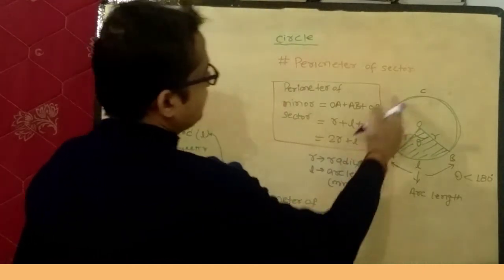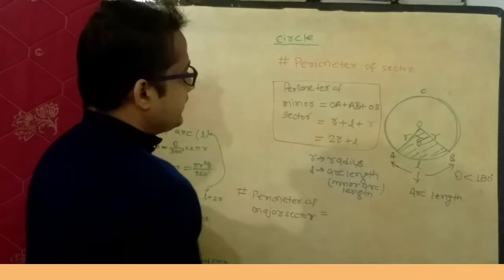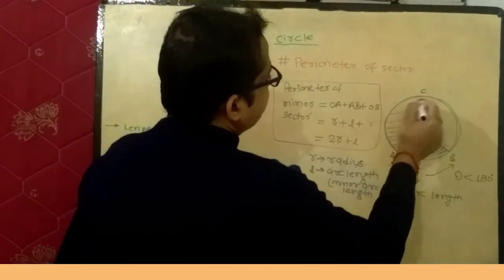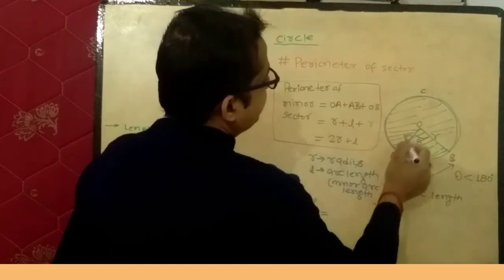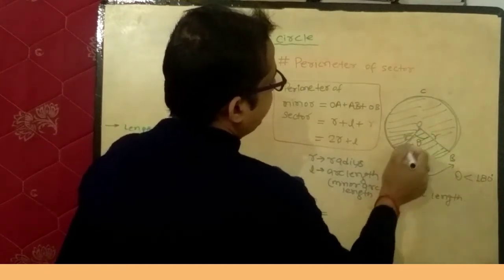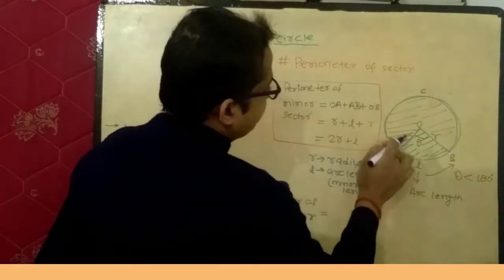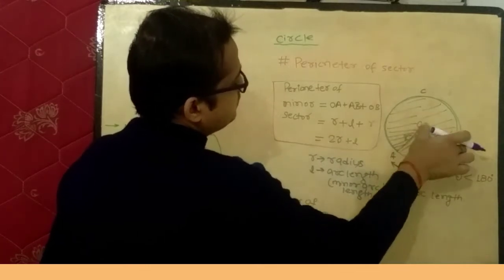This is the perimeter of major sector. So this is region bounded between this major arc and two radius OA and OB. Simply calculate this arc length AB and add these two radius.